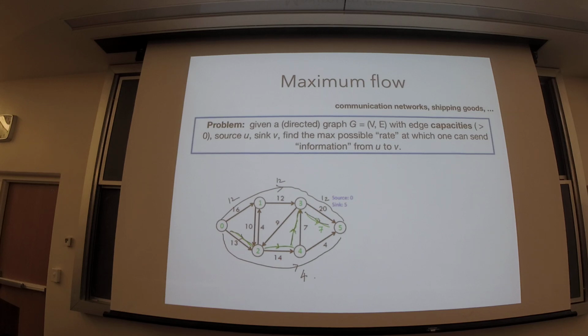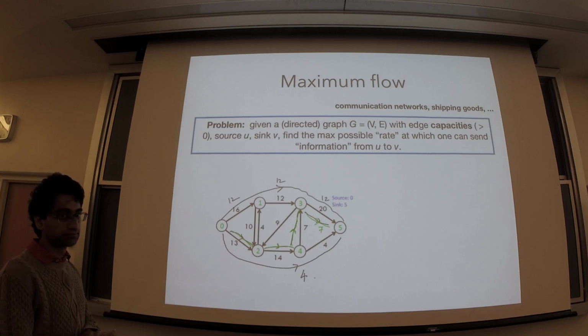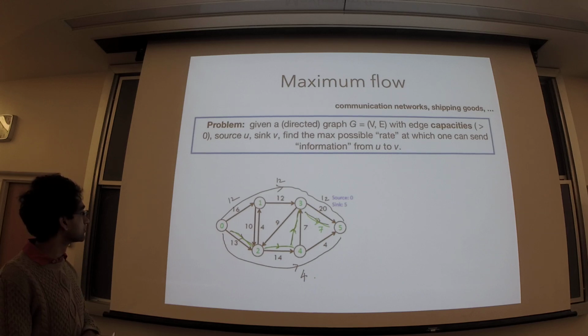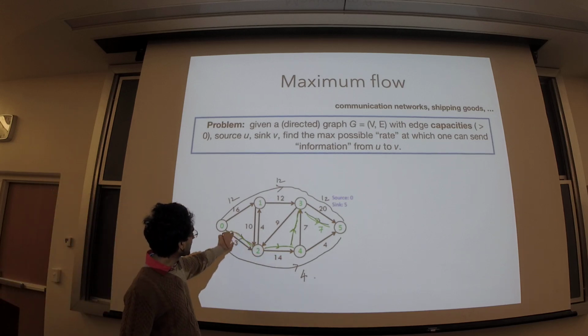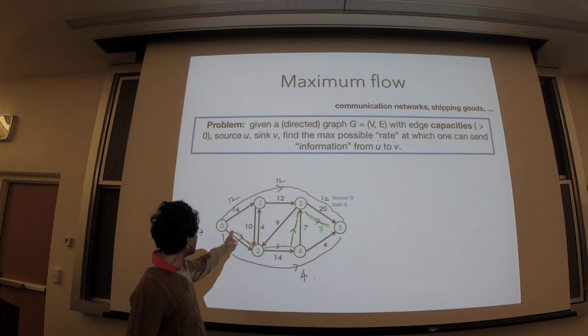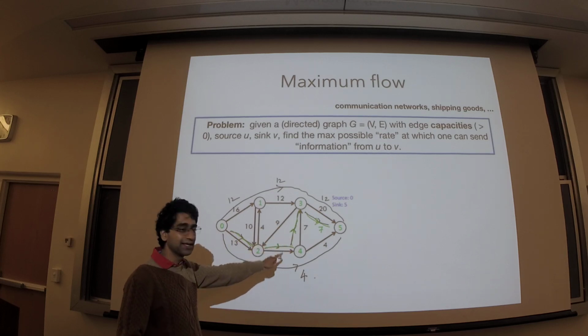Yeah. Should we consider only one flow? Can we not take 11 from 0 to 4, and can it not be divided into 7 plus 4? I think what you're asking is, do I have to think of flows as a collection of paths?